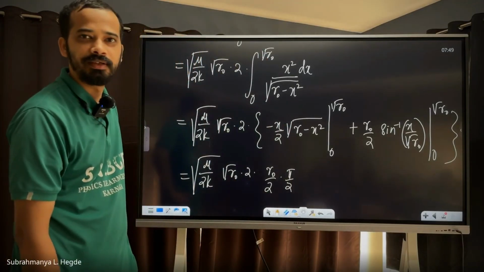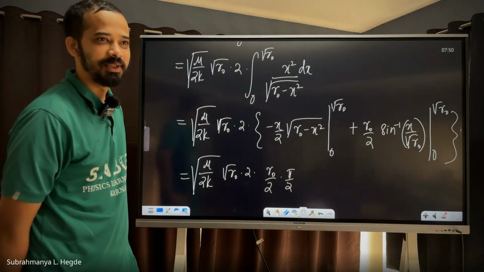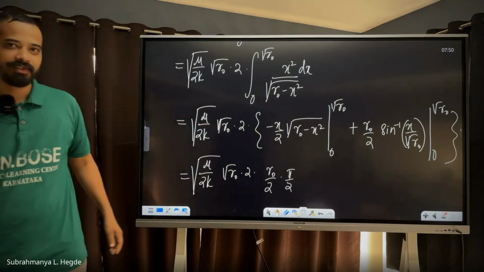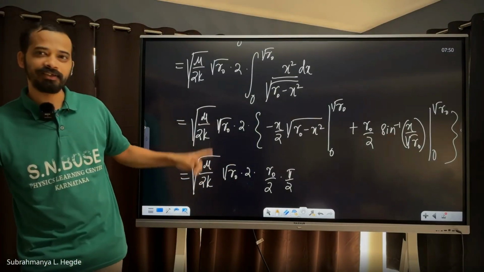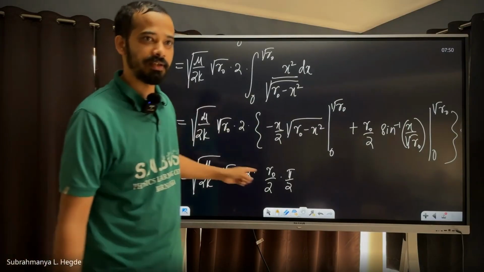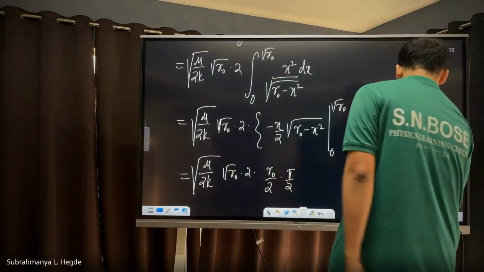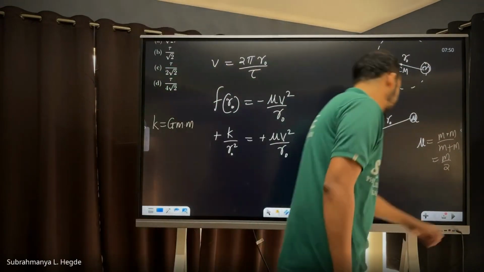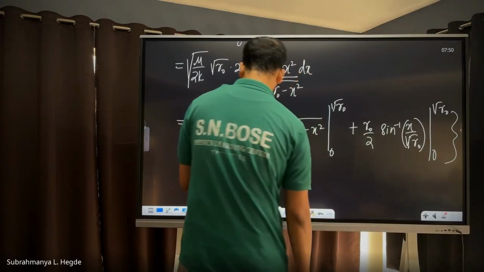Now this is not what he mentioned. He mentioned it in terms of the time period of our old circular orbit. Now you have to write this r naught in terms of your old circular orbit time period. This r naught is that circular orbit r naught only. Now you come back here and solve for r naught. In fact, you need to solve for r naught raised to 3 by 2.